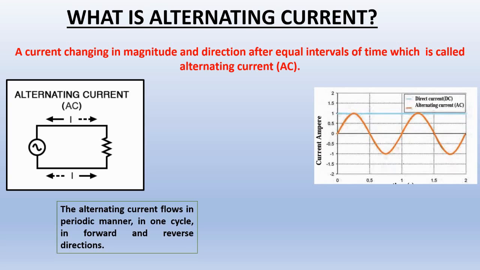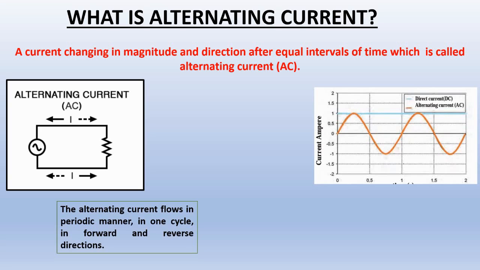The direct current in this graph is stable. Now the alternating current will increase from 0. On the y-axis we can see reading marks as 0, 0.5, 1, 1.5 amperes and so on. And on the x-axis the time is shown, that is from 0 to 0.5 to 1, 1.5 and so on. So this alternating current increases from 0.